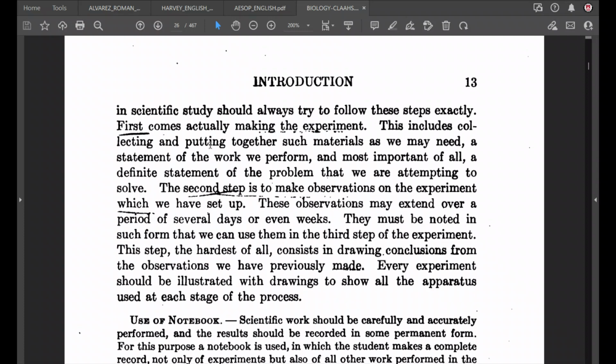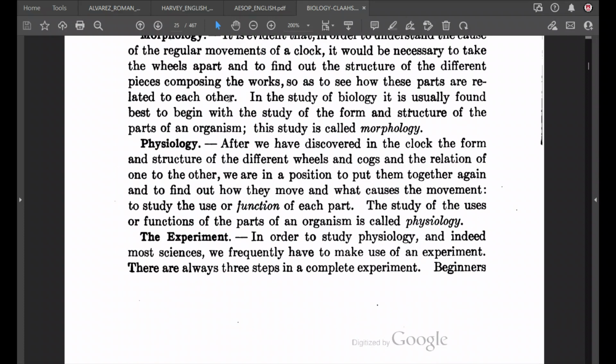Okay, now as for experiments, how do we go about observations? We can't just randomly observe things, right? So we have an idea of what we're looking for, how we're to learn about the natural world, but we can't just go out into the natural world and start collecting information, because it would go on forever.